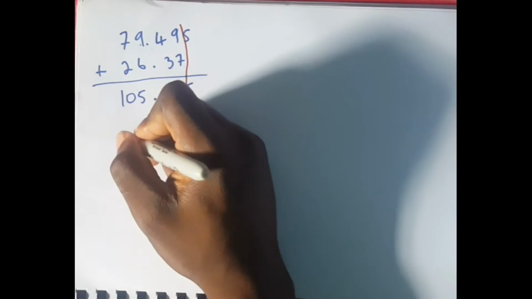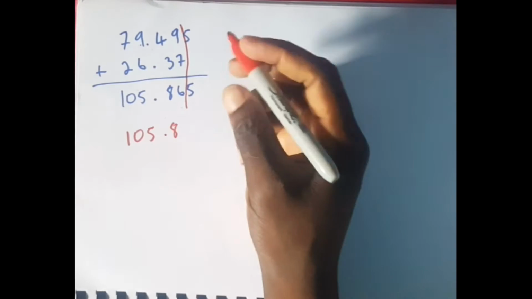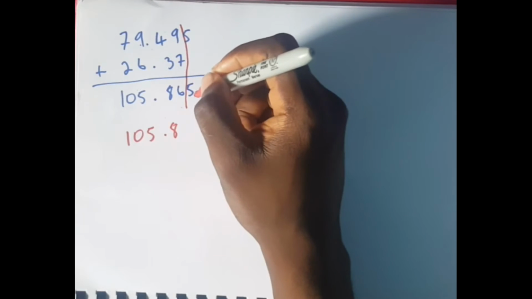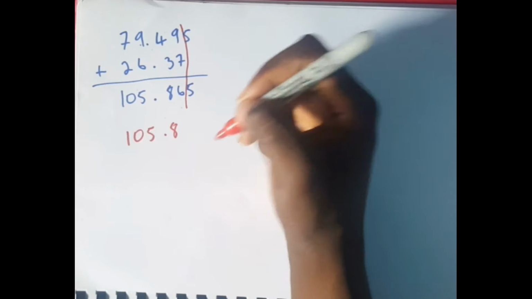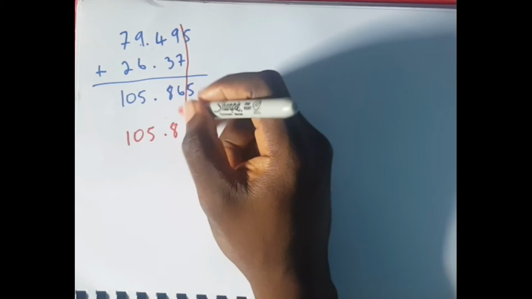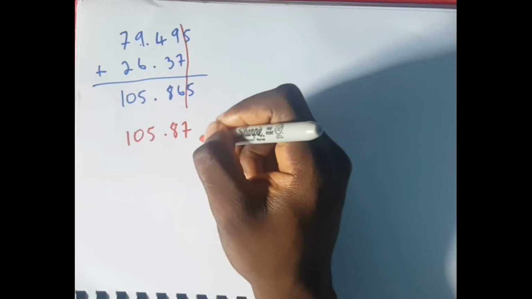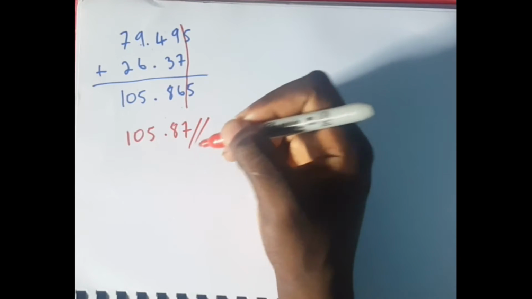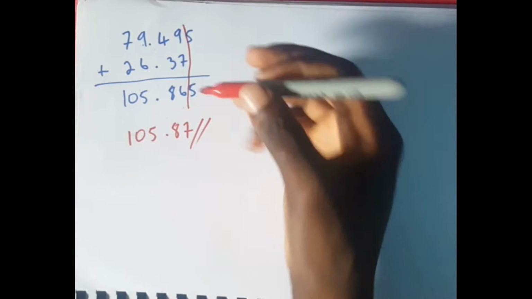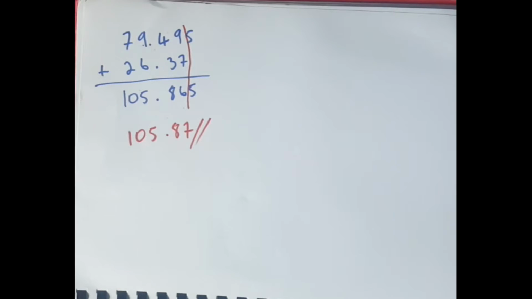So when you're writing your answer, you have 105.8. Now because the 6 is followed by a 5, you would round up to 7, giving you 105.87 for your final answer. And this rule goes for subtraction as well.